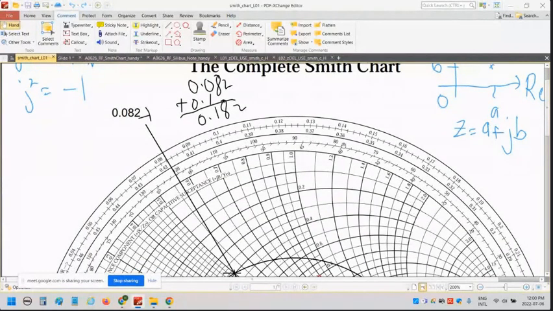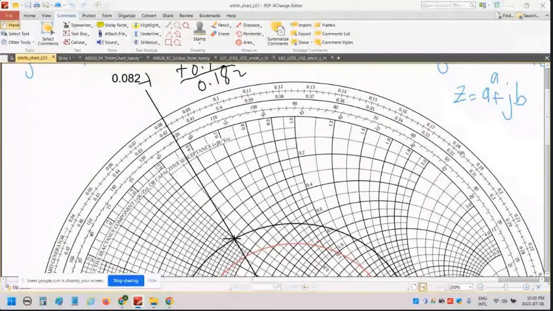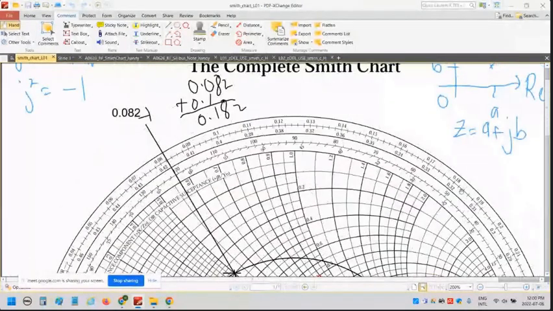So you need to find out where 0.182 lambda is. They are here.